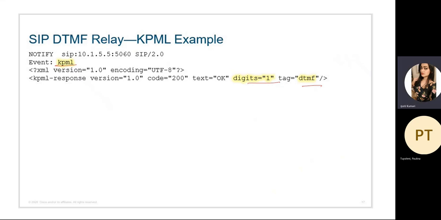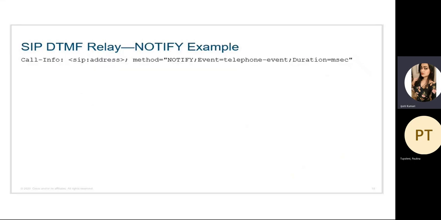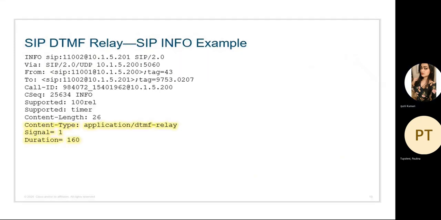There is a command that we use for debugging, debug ccsip events, which will help you find out these. Then if it is the NOTIFY method, you will see call information like this: method NOTIFY, event telephone-event, duration in seconds, milliseconds. If it's a SIP INFO method, then you will see the content type, application DTMF relay, signal, duration, like this.